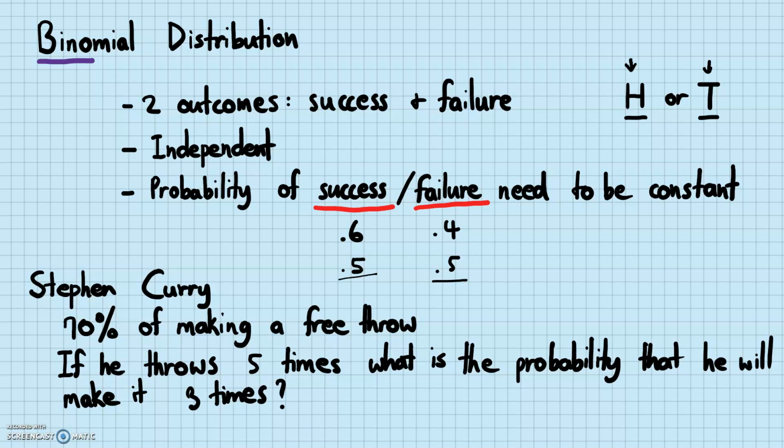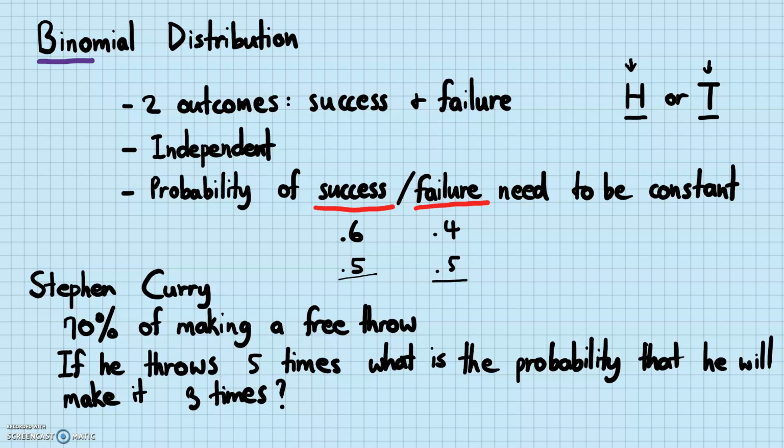First of all, let's see if this passes as a binomial distribution. Are there only two outcomes? Yes, there are. You can either make a free throw, which is success, or you can miss, which is a failure. Are the throws independent?